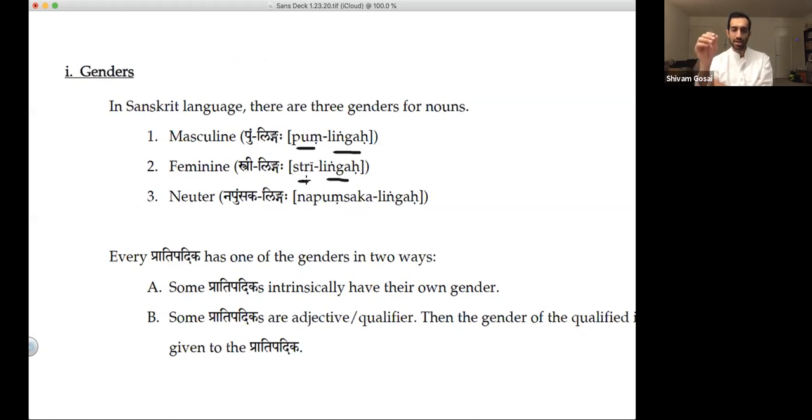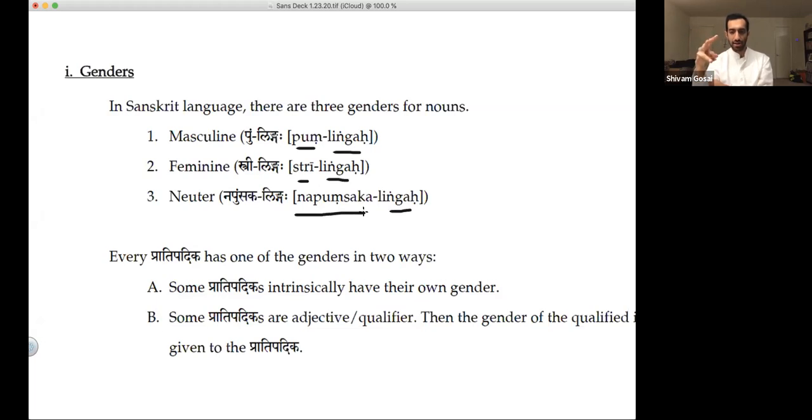Repeat after me: strilingaha. And the last one, neuter: lingaha, gender, and then napumsaka. Repeat after me: napumsaka lingaha. This one's a little harder to pronounce. Napumsaka. So masculine gender, punlingaha; feminine gender, strilingaha; and neuter gender, napumsakalingaha.